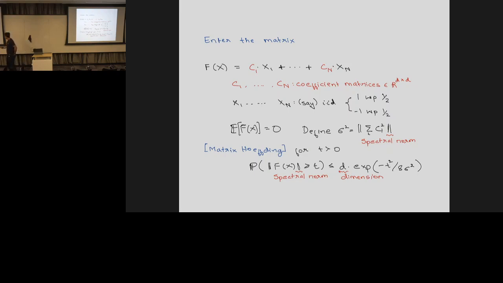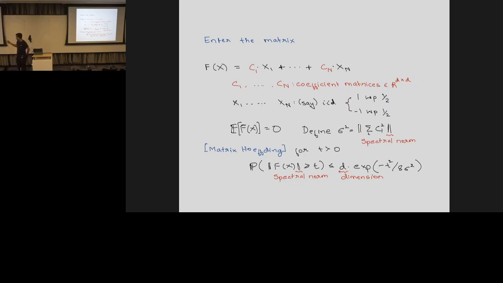And now we are trying to ask, okay, how much does it deviate from the mean? Of course, when we have matrices, the definition of "much" needs to be quantified, like we have to talk of some norm. And a common choice, which I stick with throughout the talk, is the spectral norm, which is the largest eigenvalue or the largest singular value of a matrix.